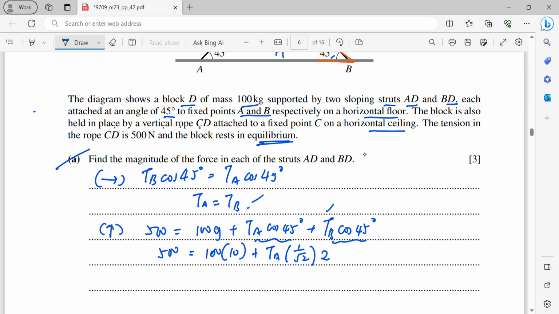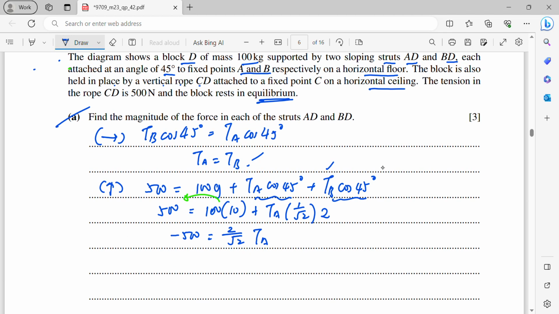So the next step is just to move this to the other side. 100 times 10 will be 1000 on the right hand side. The 1000 moves to the left hand side and becomes minus 1000. Then 500 minus 1000 is going to be negative 500. For the right hand side, the last term is going to be 2 over square root 2 TA.